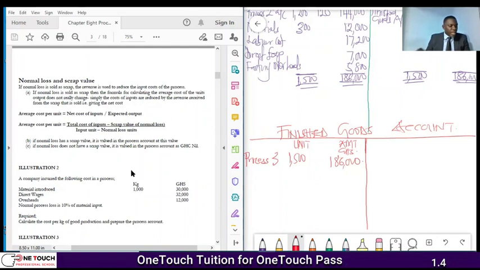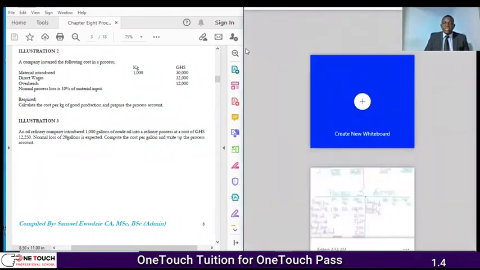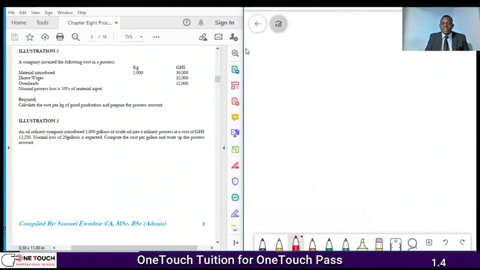So let's look at an example, illustration 2, to see how losses in the process affect our work. A company incurred the following costs in a process.